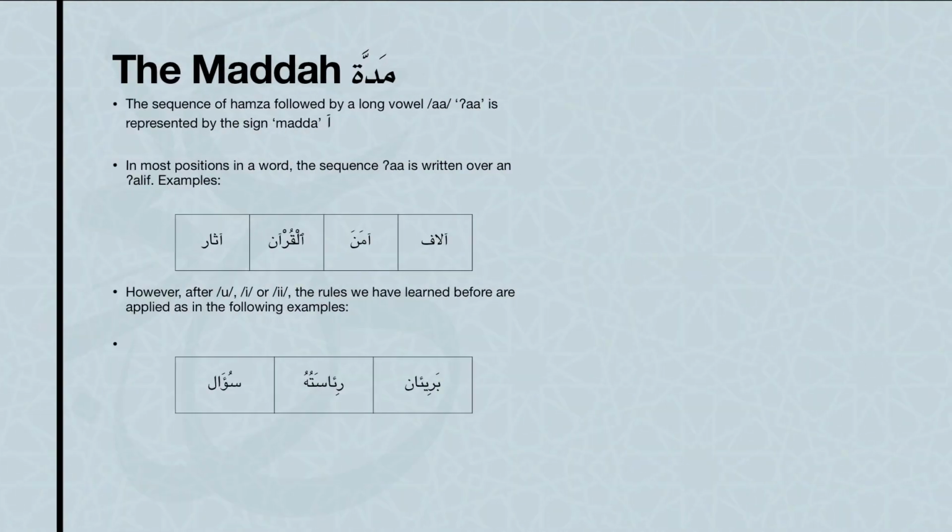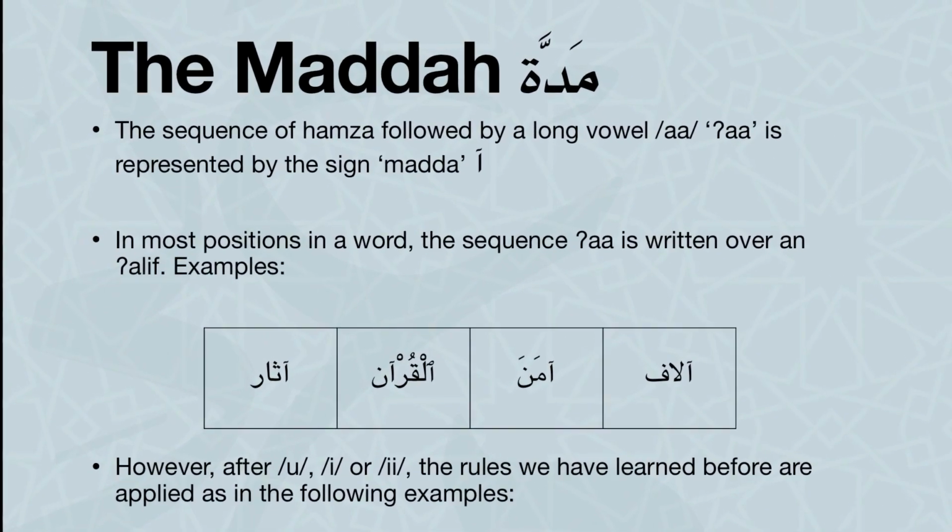We call it madda. Madda is basically the scenario where there's a hamza followed by a long vowel alif, a long vowel fatha, sorry, strictly long vowel fatha, because this is how logically it should be written. But in Arabic, they decided we're not going to do this.